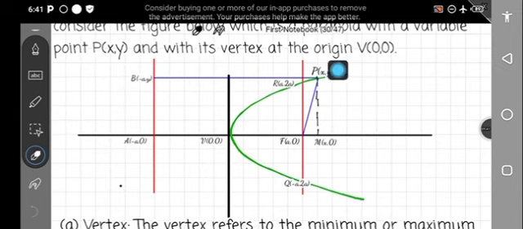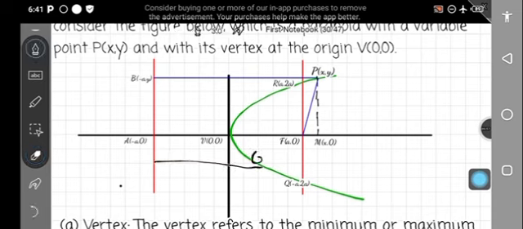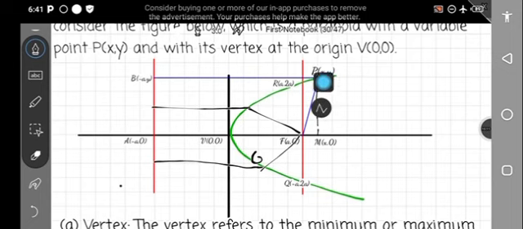This F is the focus, and this point P is any point on the parabola. It can be here, so that you have it drawn to the focus, or here. But we just want to pick a point that is general, so we pick P and name it (x, y), right?